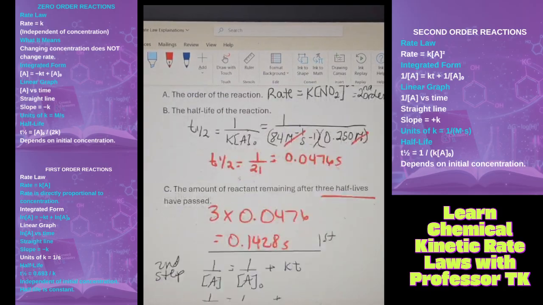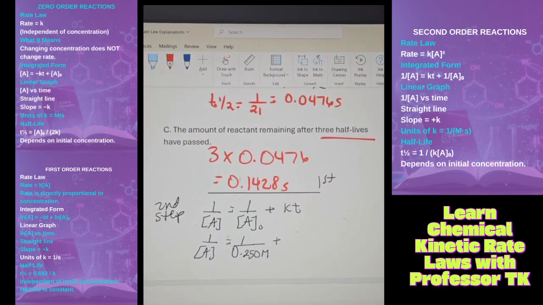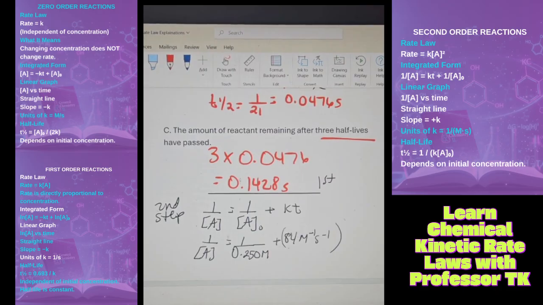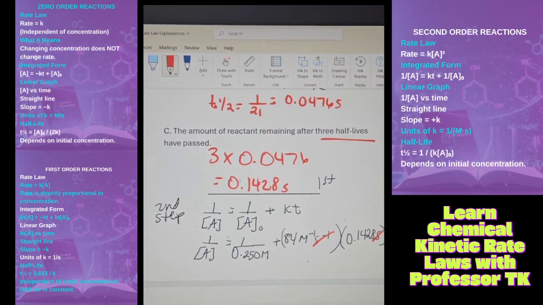So I'm going to put that number right here, 84 per molarity per second times your time. Now, again, your time comes from this part right here, that step. 0.1428 seconds. And guess what's going to cancel out? Your seconds. Because you need your molarity. Okay? You need your molarity.